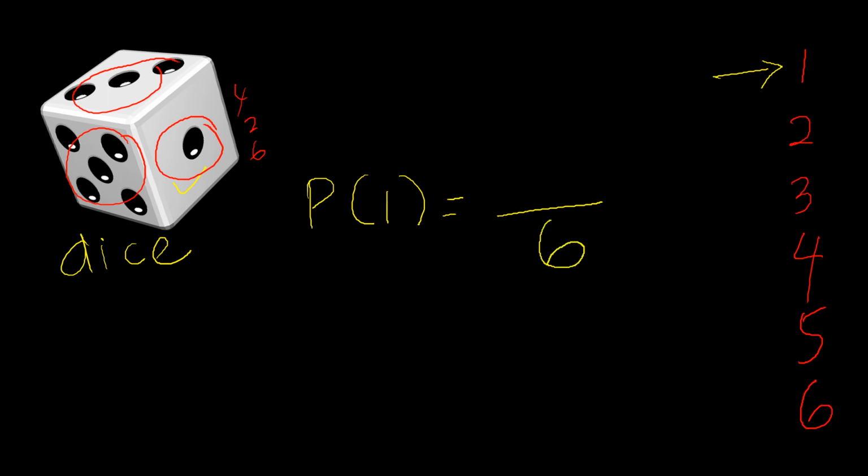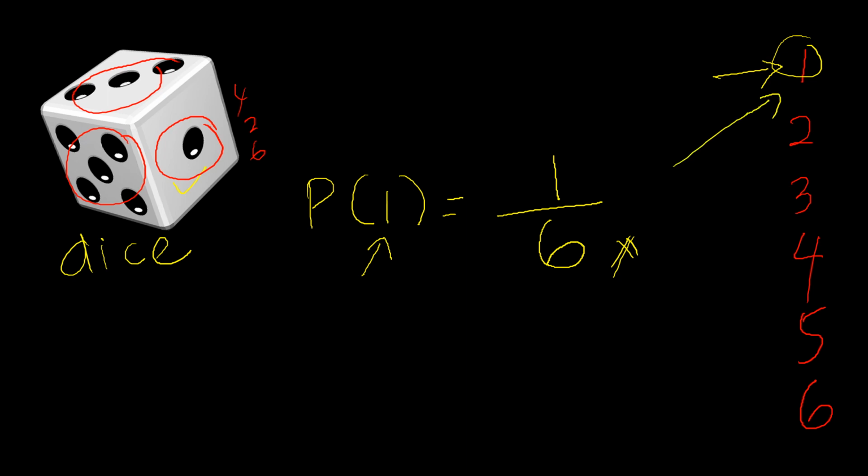And how many of those meet my condition? Our condition is only 1, so you can only see 1 once here. So one of them meets my condition, that right there. So there is a 1/6 probability of rolling a 1.